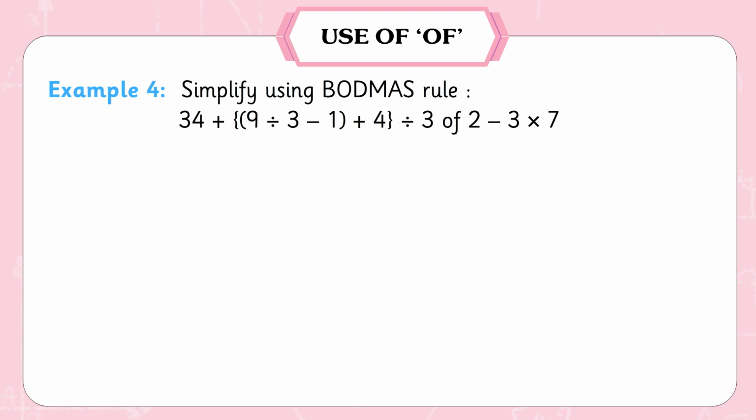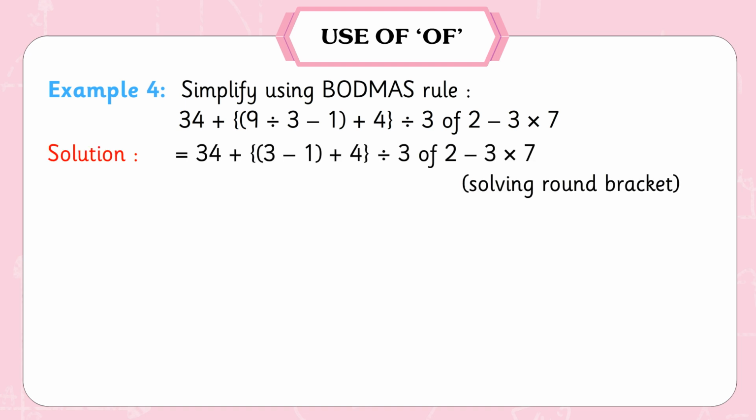Answer: 10. Example 4. Simplify using the BODMAS rule. 34 + {(9 ÷ 3 − 1) + 4} ÷ 3 of 2 − 3 × 7.